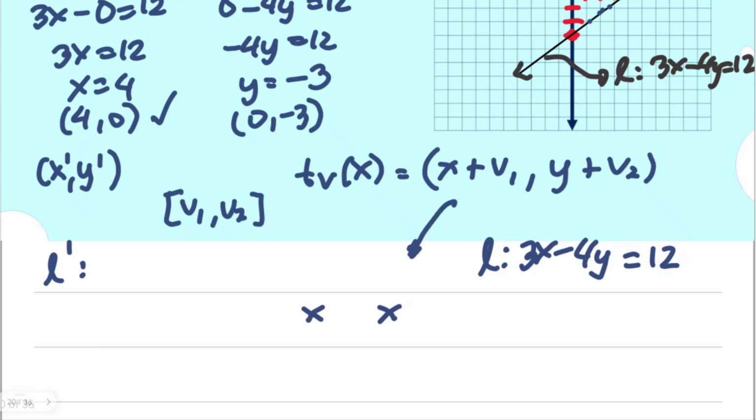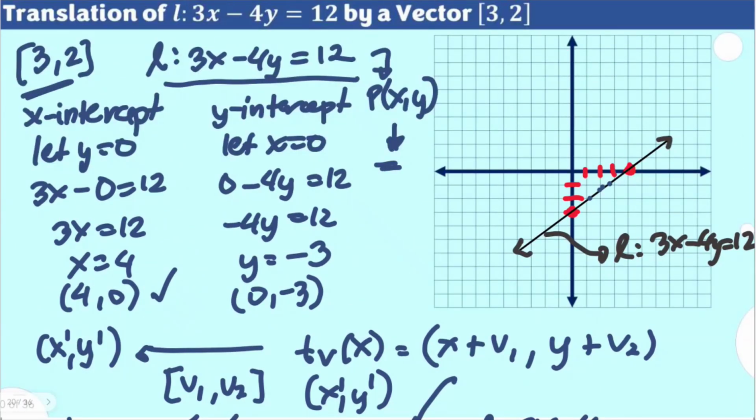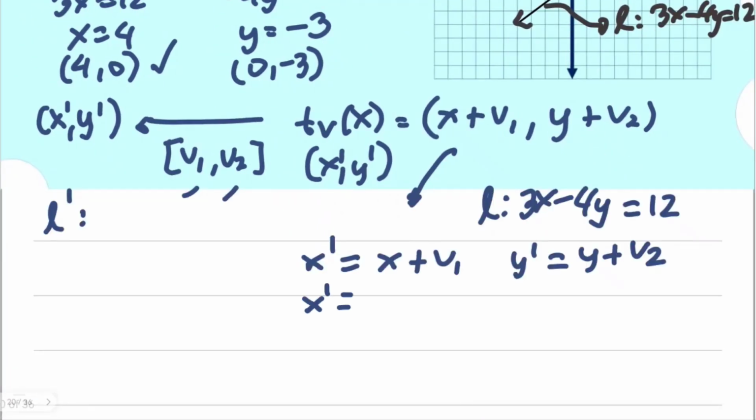Our x prime is equal to x plus v sub 1, and our y prime is equal to y plus v sub 2. Our v sub 1 and v sub 2 are connected to our vector, so v sub 1 is 3 and v sub 2 is 2. So you can see here that x prime is just x plus 3, and y prime is y plus 2.